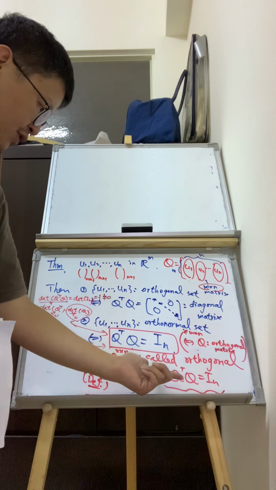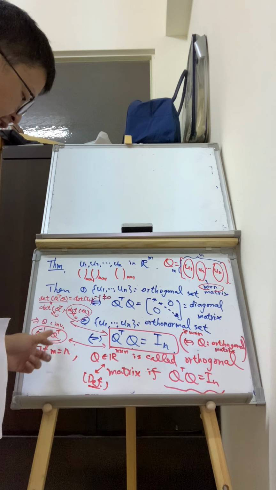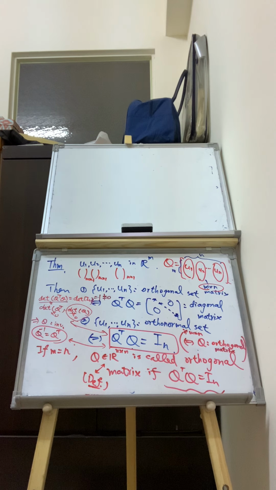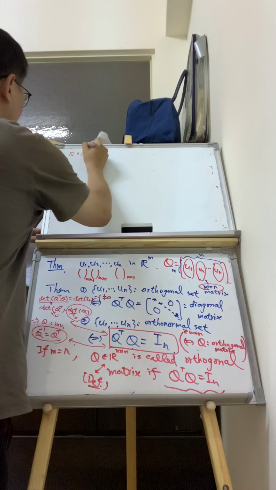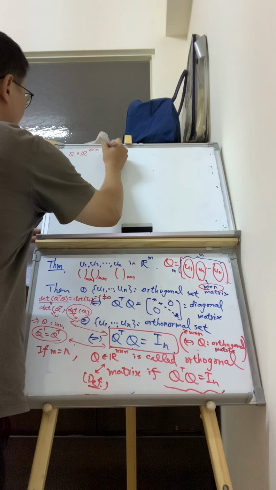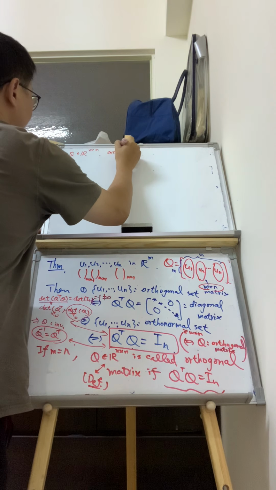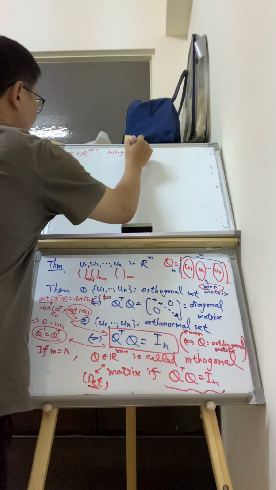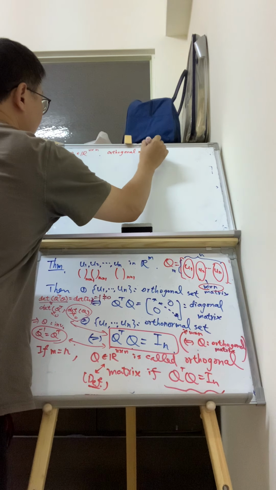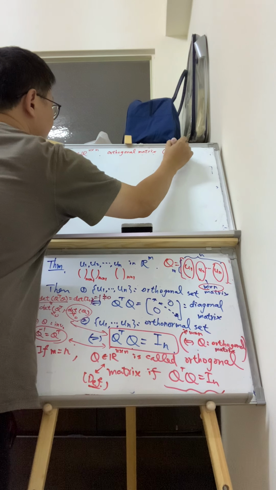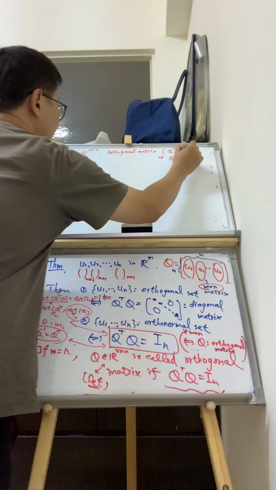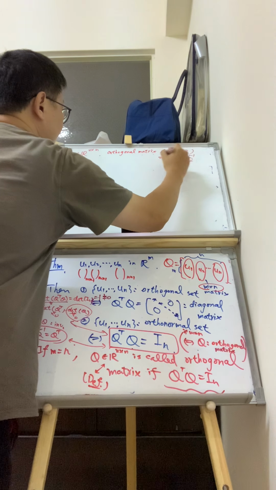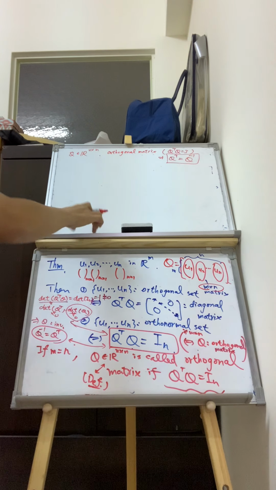For the orthogonal matrix Q, its inverse is exactly its transpose. So if Q is n by n and Q is an orthogonal matrix, originally it means this one, but we could know that indeed Q transpose is exactly its inverse.